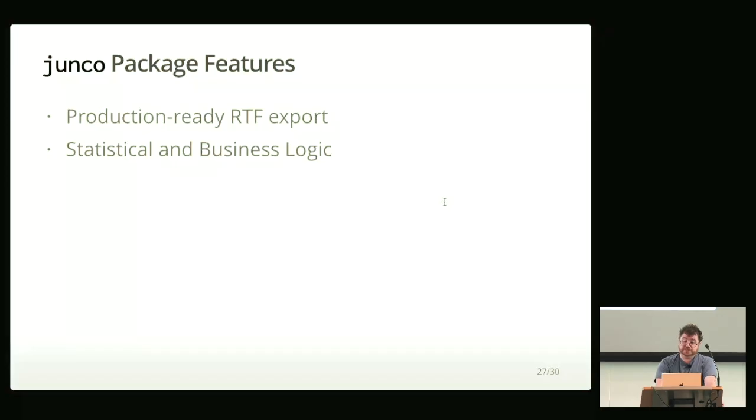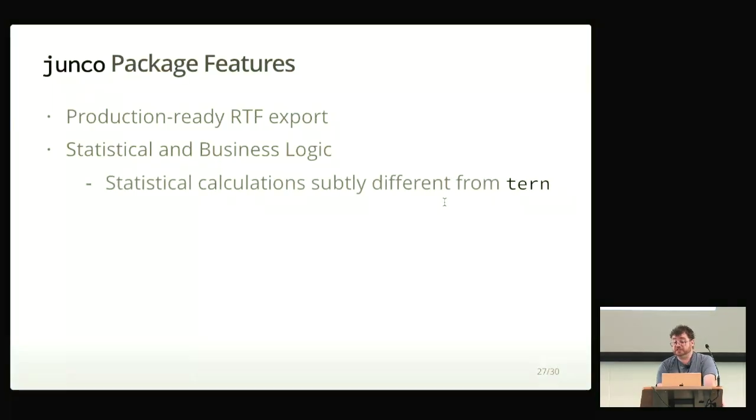The statistical and business logic, where it differed from what was in Turn, we put that in there. And some of that is subtly different, but still valid statistical choices. And other parts were structural differences, like the J&J tables tend to have spanning headers, where Roche doesn't.